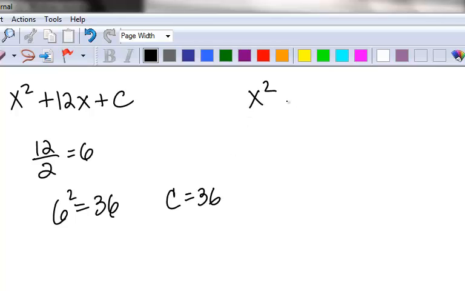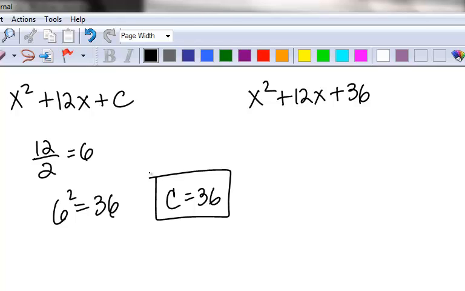And check it. If you had x squared plus 12x plus 36, what's that factor back into? X squared is a perfect square of x. 36 is a perfect square of 6. If you multiply them together and double it, you get that middle term. Yeah, this tells you the sign. Okay, so it is a perfect trinomial square.